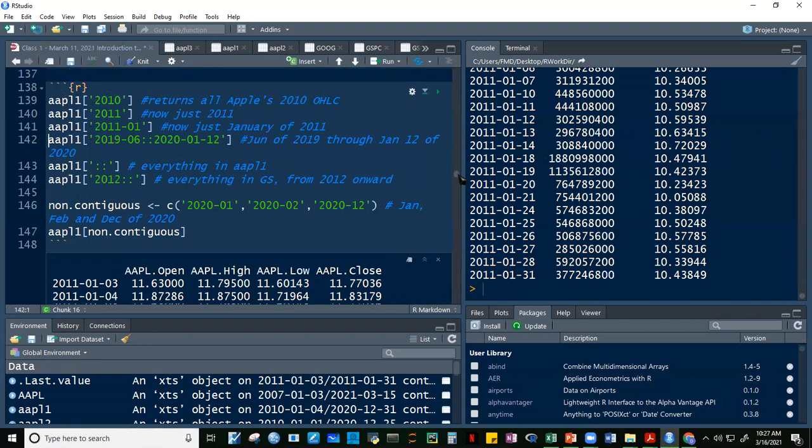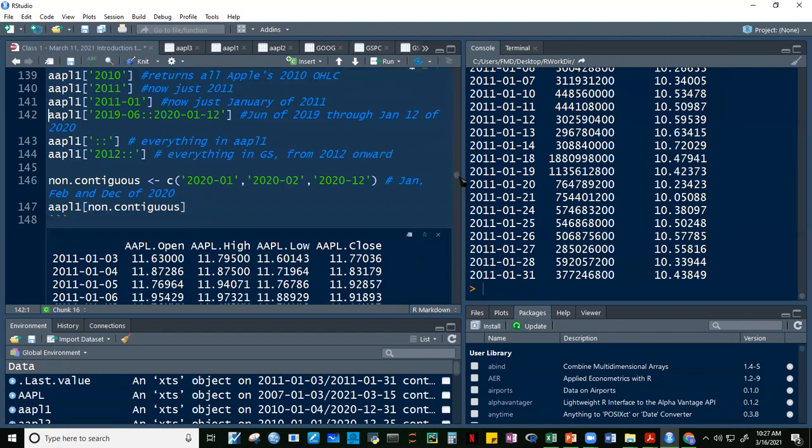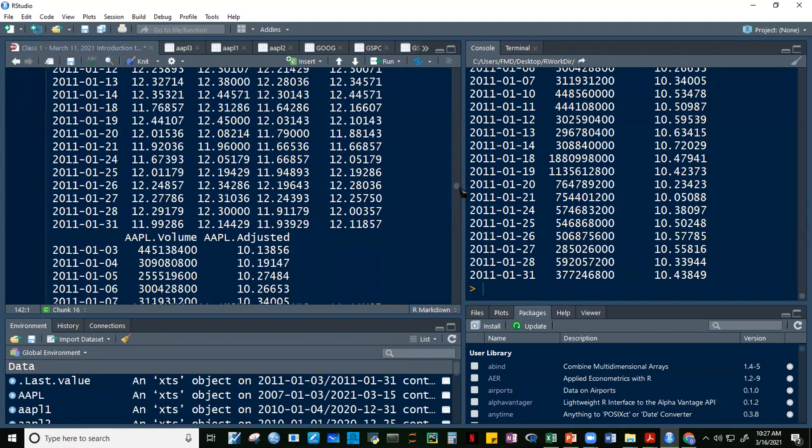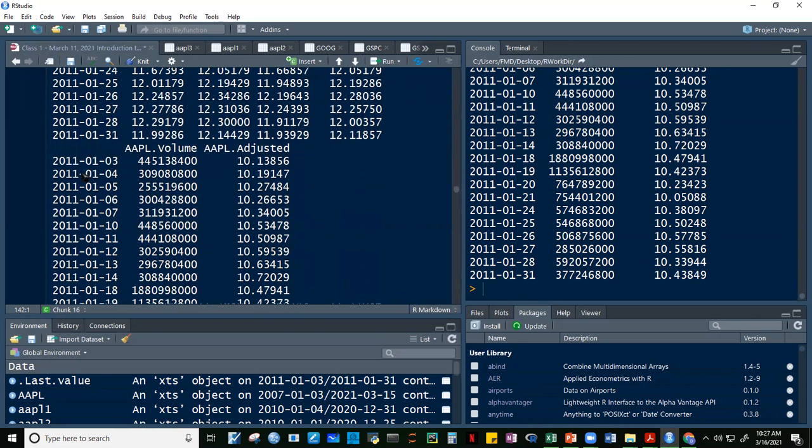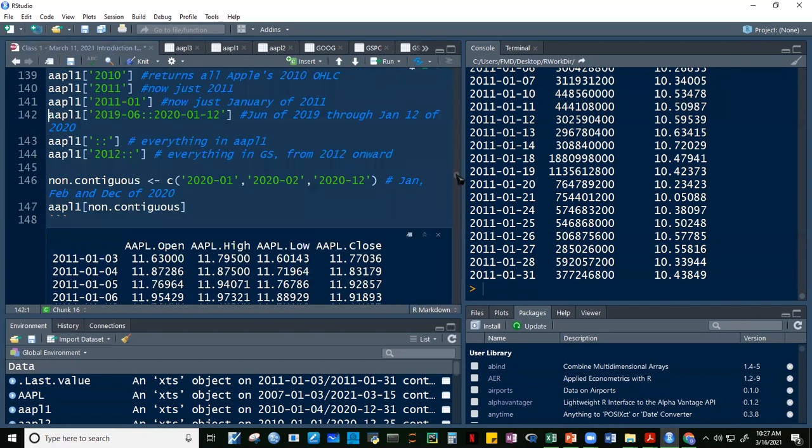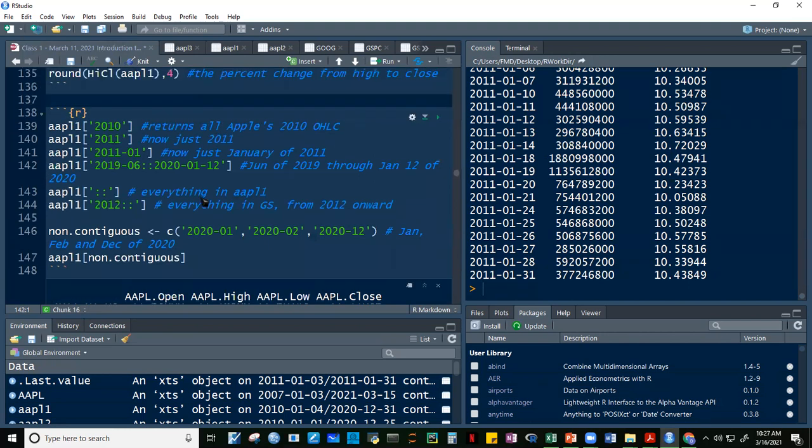Sorry, not November. 2011, January. So all January 2011. If you scroll down, we can see it goes until January 31. So this is an easy way to subset because we're using the index. This is the better way to index it.